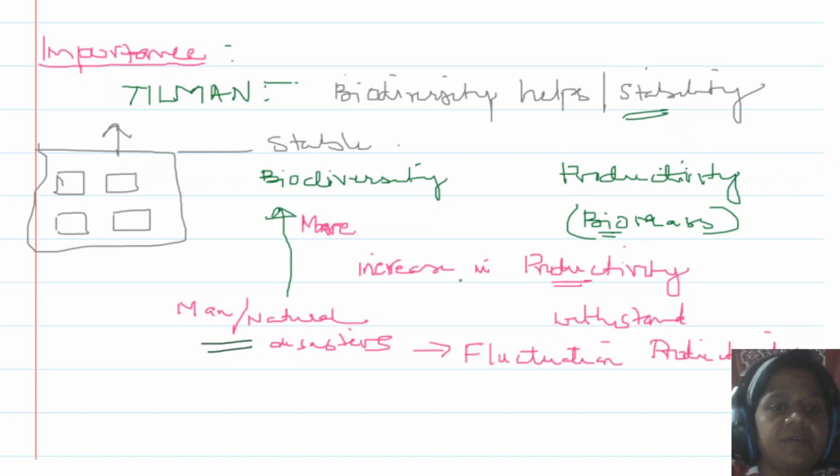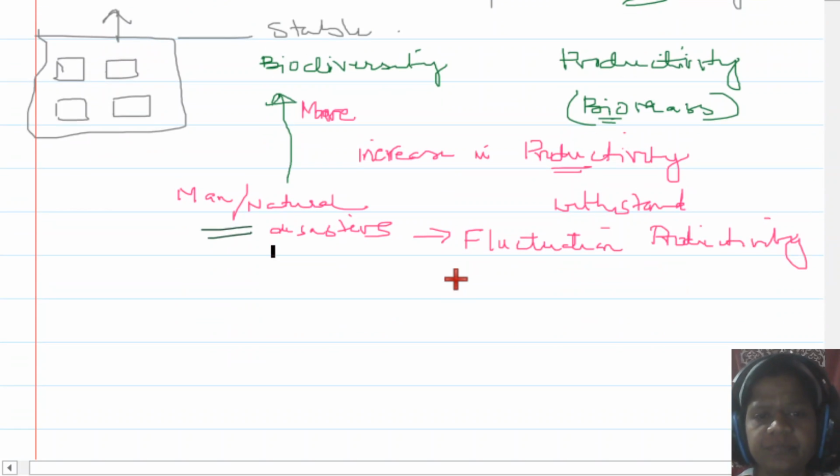The more diverse the species in that particular area, the more stable the environment would be, and the more the productivity would be, and it will be the same amount of productivity over the years. There won't be a lot of fluctuation, even if there are disasters, whether it be man made or natural. So that is coming to the importance of biodiversity.